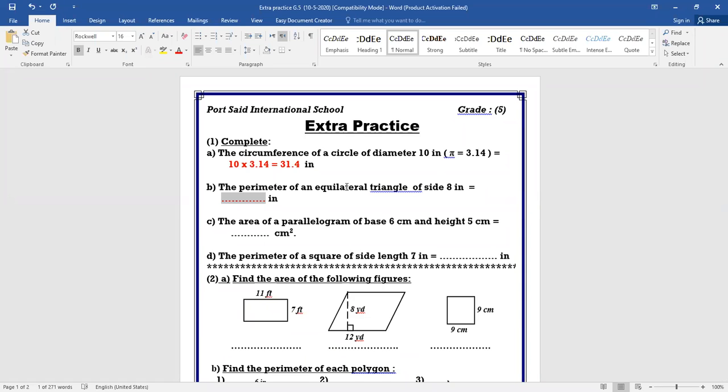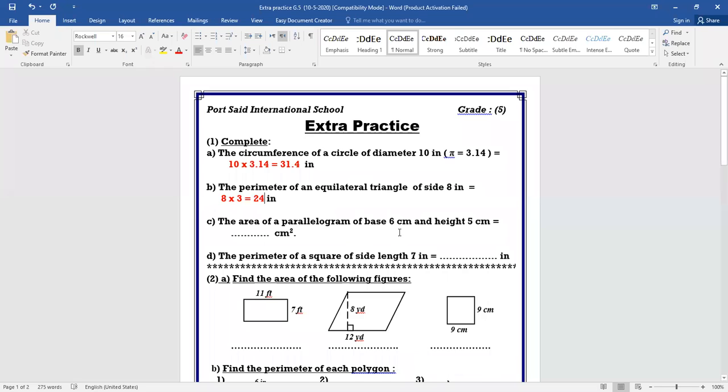We said the perimeter of any regular polygon is length of one side multiplied by number of sides. Here the length of the side is 8 and the number of equal sides is 3. It will be 8 multiplied by 3 equals 24 inches. Thank you.